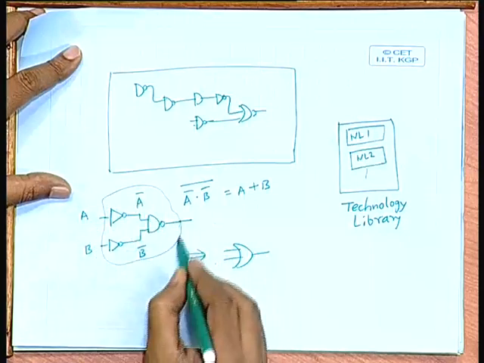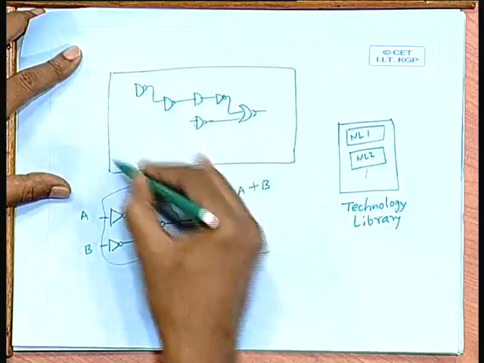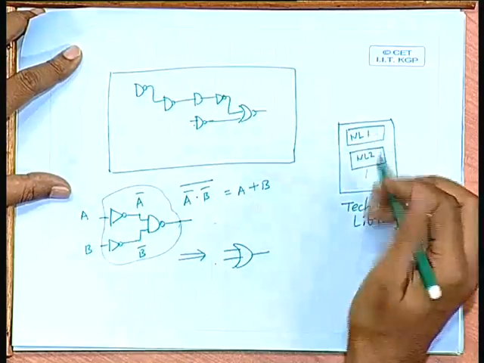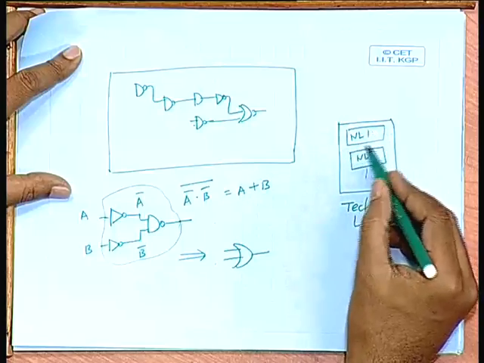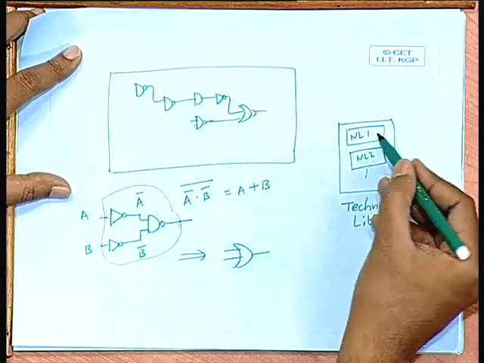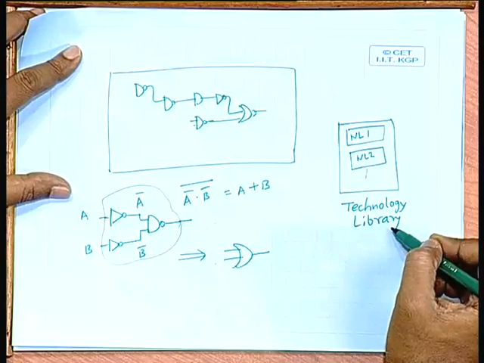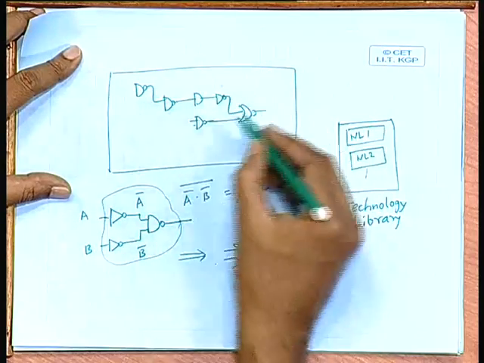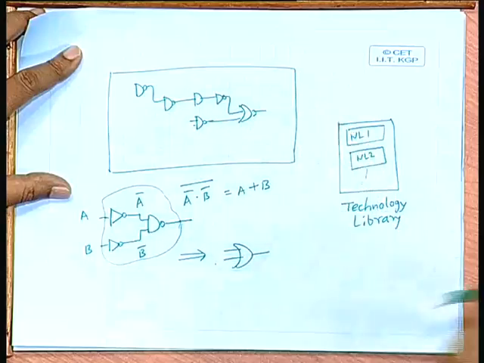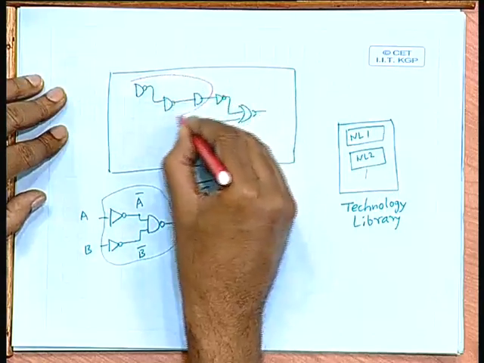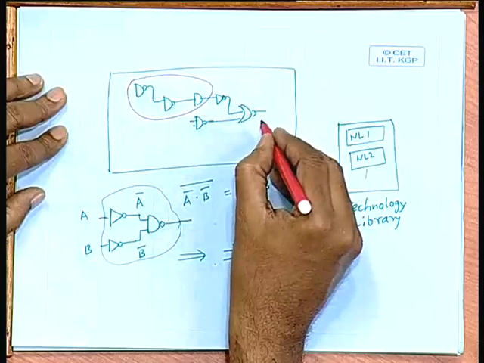You will have to find this kind of sub-circuit in the original circuit, identify which small netlist out here matches it, and replace it by the corresponding gate in the technology library. So, you will be dividing the total netlist into smaller modules. Maybe this will be one module, and there can be overlap also.